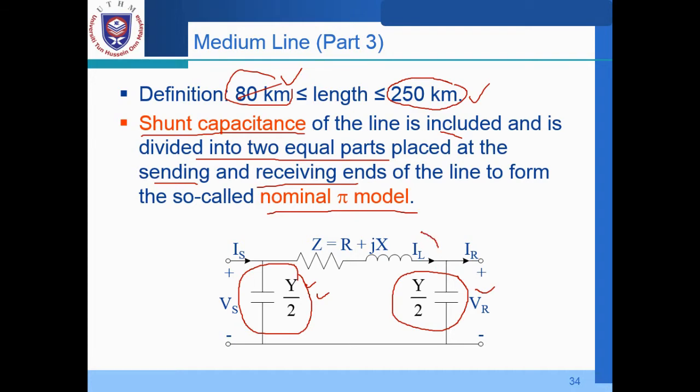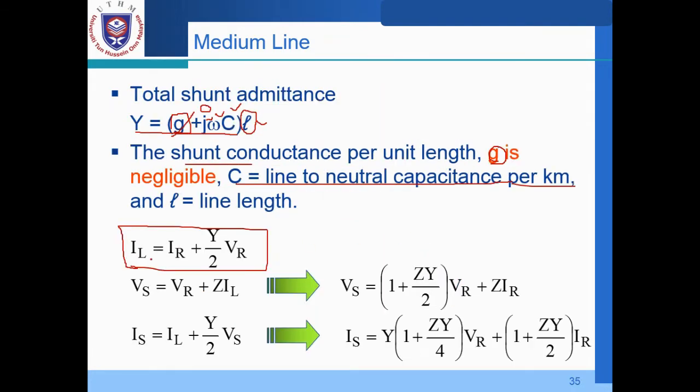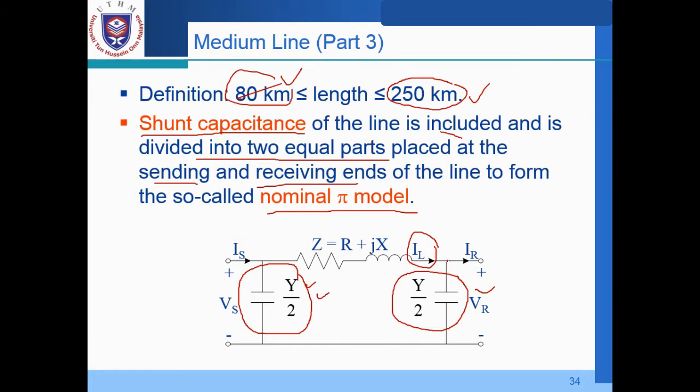So we can say that IL here is equal to IR plus Y over 2 VR. You can see from here, this is the point where you can apply KCL, the Kirchhoff's current law.